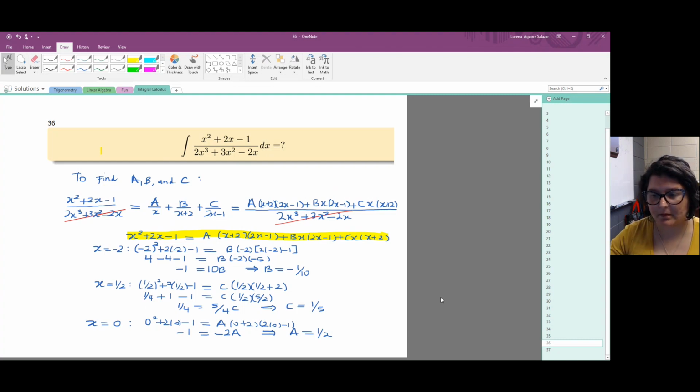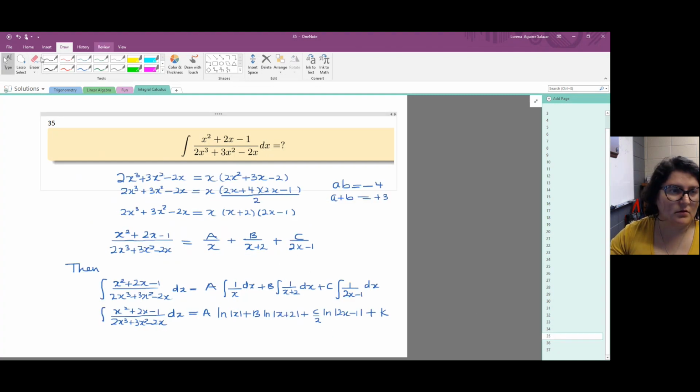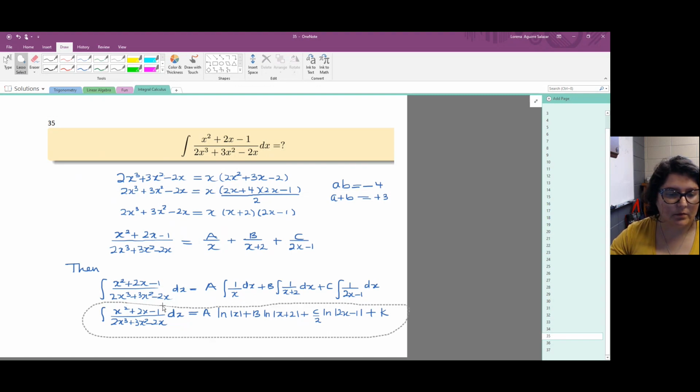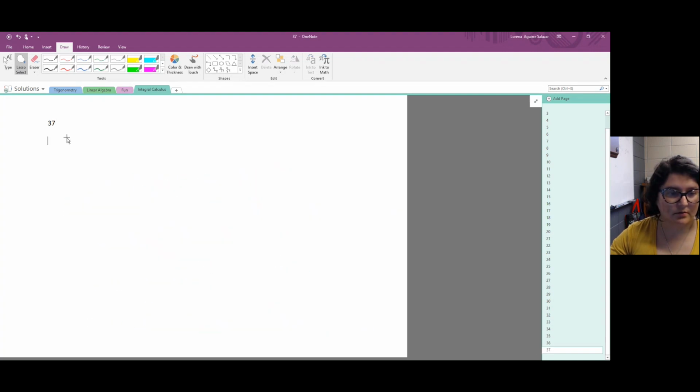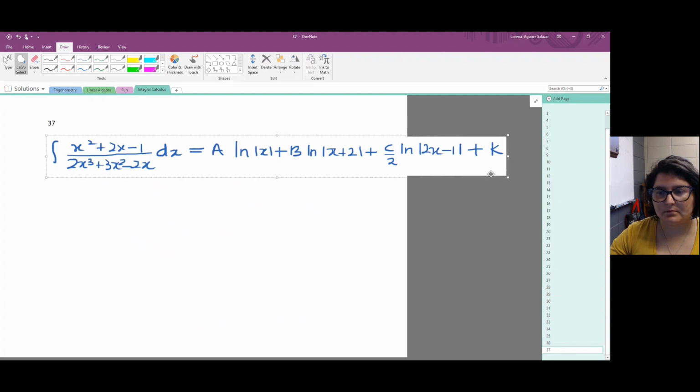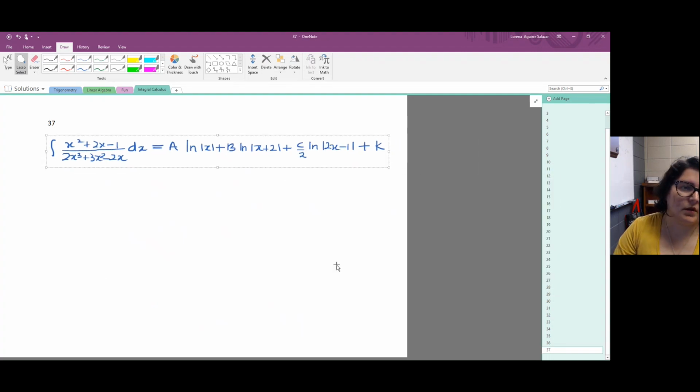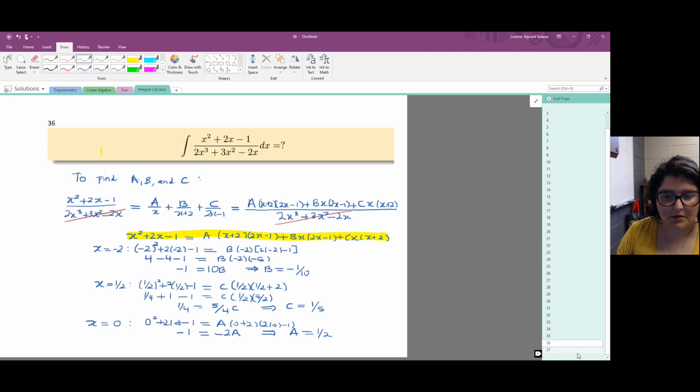Okay. So back to the equation we wrote here. Let's just take it to the next page. We have that a equals 1/2, b is -1/10, and c is 1/5.